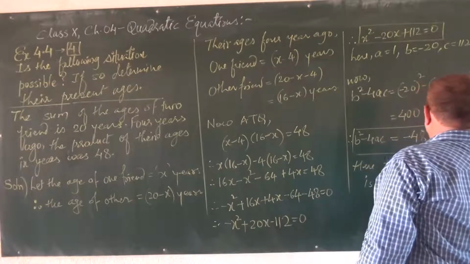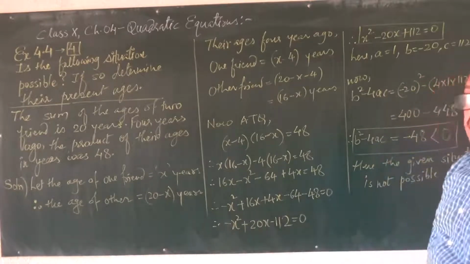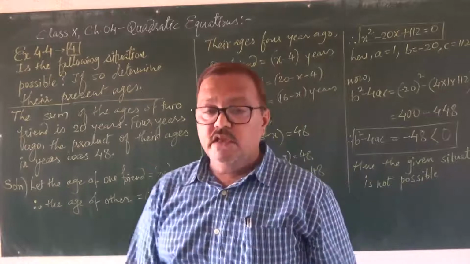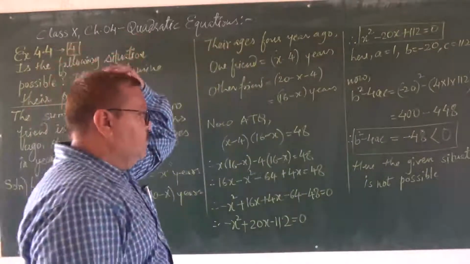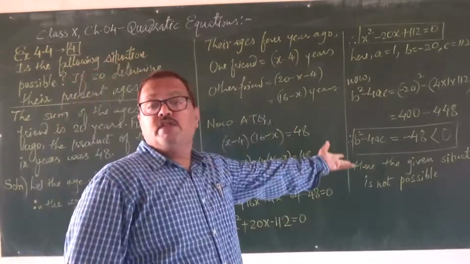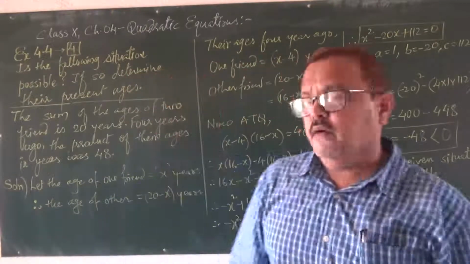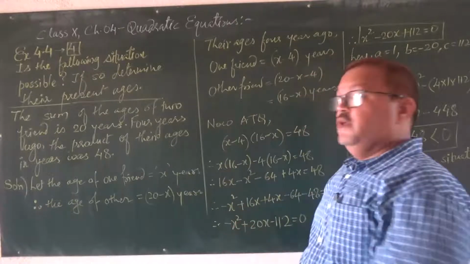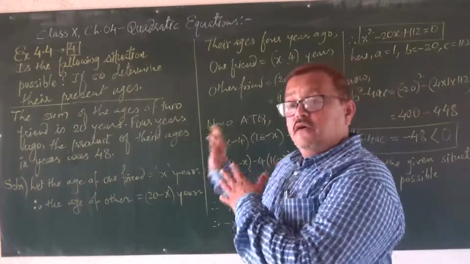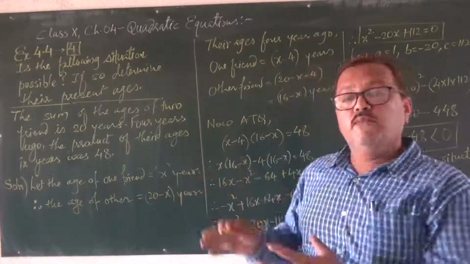So here it is difficult to find the ages. Okay, so there is no need to solve further. When b square minus 4ac is less than 0, we have to give it up. We cannot solve further. So here, now the fifth question I am leaving up to you.